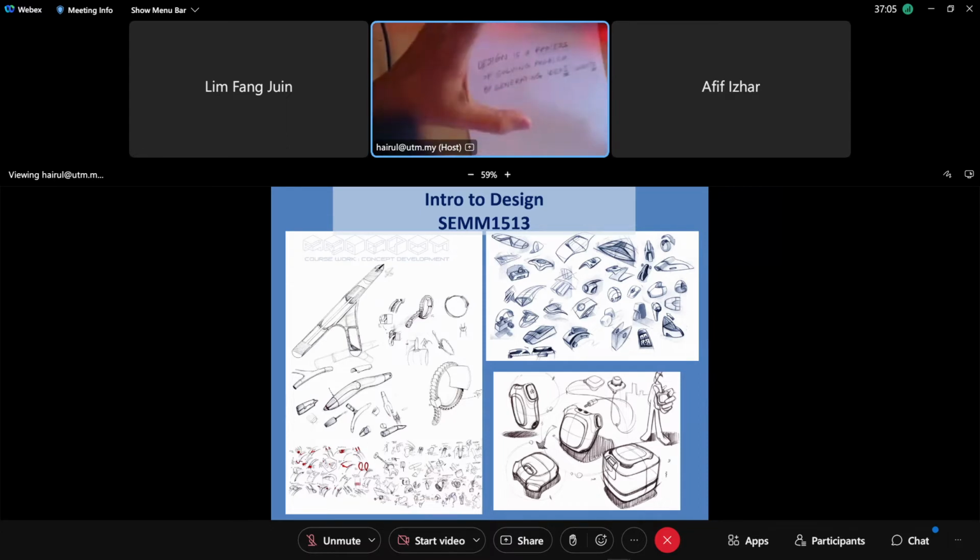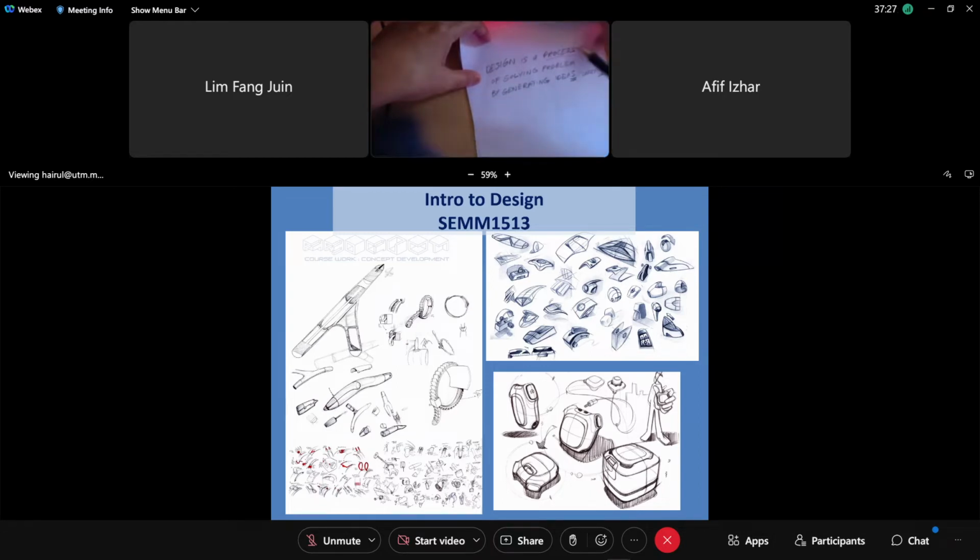Say one team has 5 members. You have at least one idea each, so you have to produce 5 concepts. That's why design is a process of solving problems by generating ideas. Produce a lot, because if you produce only one idea, how can you find the best solution? If you have 5 ideas, you evaluate all the ideas generated by each team member through steps. There is a method.